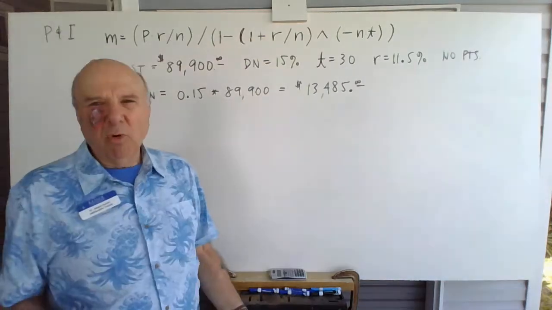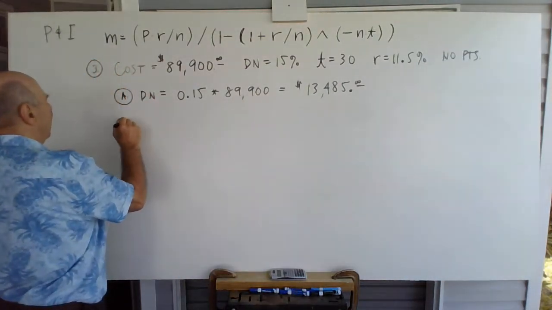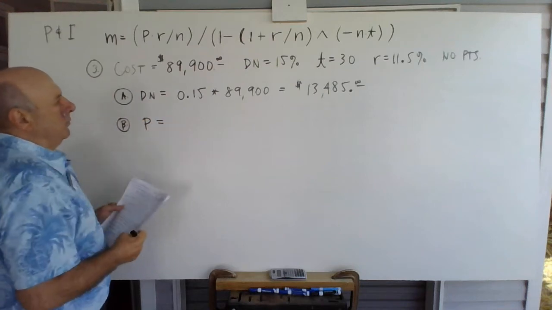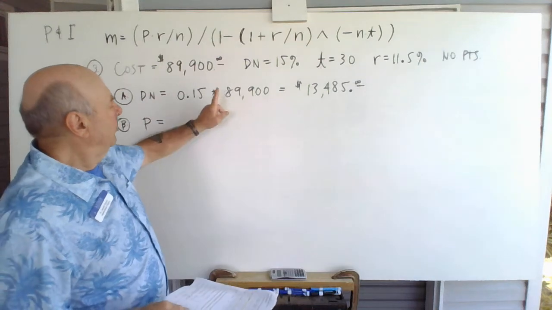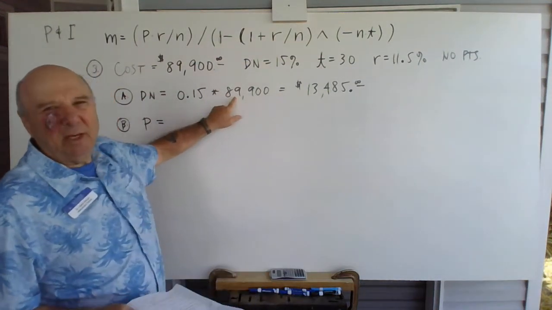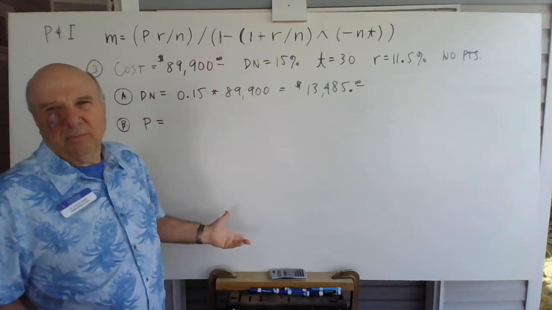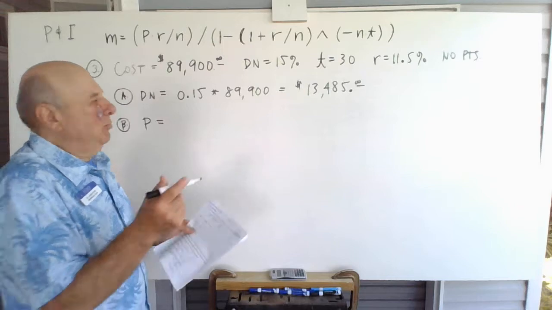So what's the amount of the mortgage? Which is another way of saying what's the principal? So the principal, some of you are probably already slick. You could say, well, if I multiply this by 15% to get the down payment, if I multiply this by 85%, I'll get the principal, which is true. Although since we have both numbers, we can just subtract.